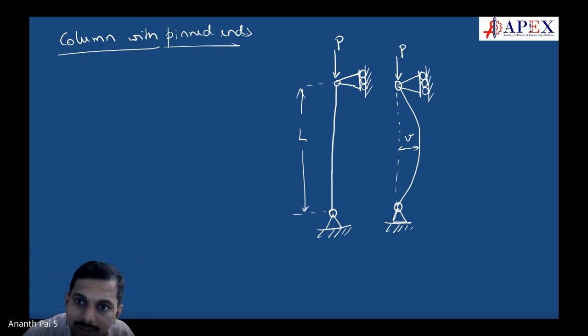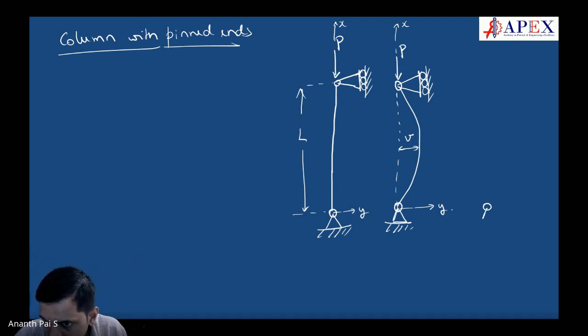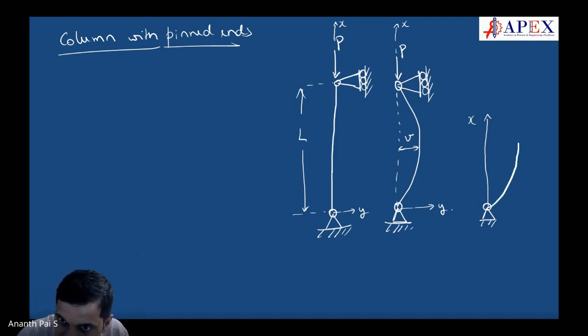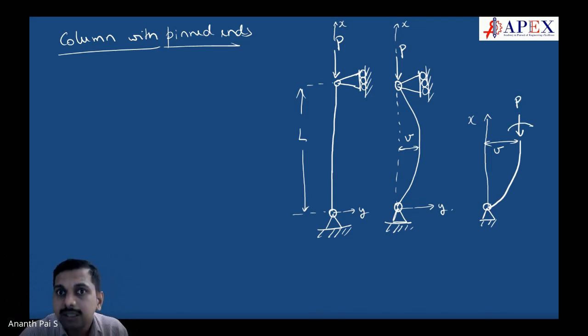Let us say this is direction X and this is direction Y. Now if I say the same thing over here, this is buckled like this, this being V, and here the equivalent load P, and then the moment M.